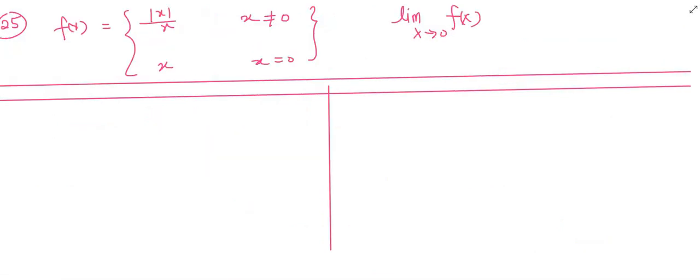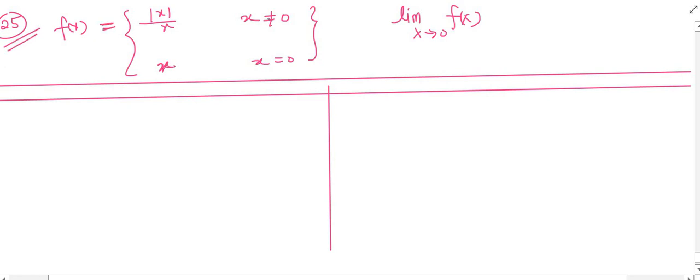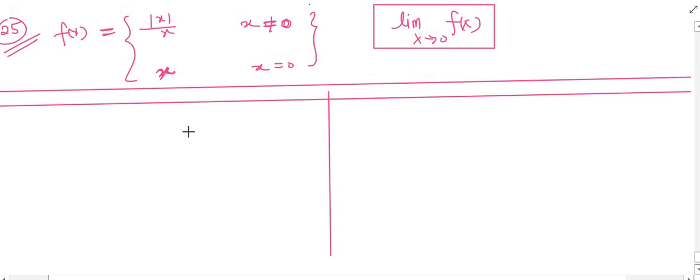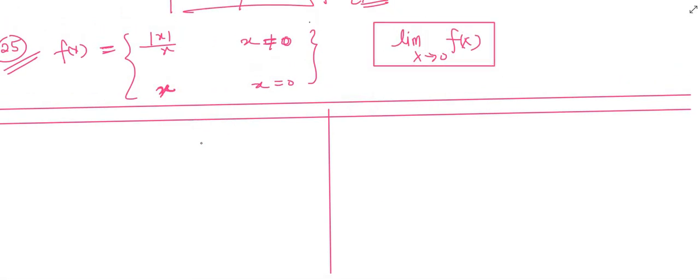Here is question number 25. It says f(x) has two definitions. When x is not equal to 0, it is mod of x by x. When x is 0, the value is x. So whenever there are two definitions of the function, to find a limit, we have to find LHL and RHL separately.